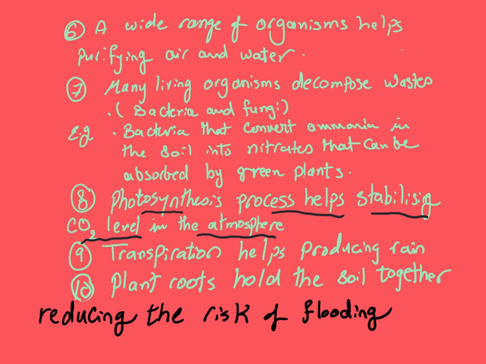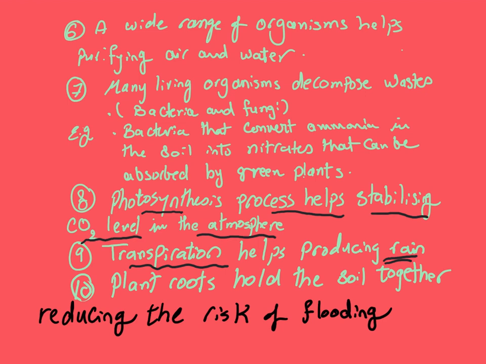Nine, transpiration helps produce rain. You know that when the plants transpire, they lose excess water in the form of vapor. Vapor makes clouds, and then clouds will make rain. And you know why rain is very important for cultivation, for filling ponds and swamps, and so on.